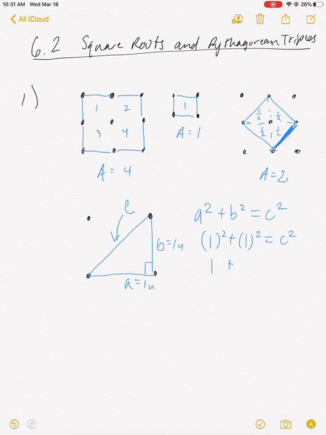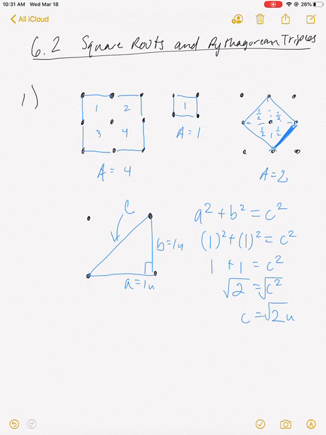So we have 1 plus 1 is equal to c squared, 2 is equal to c squared, and when you take the square root of both sides, which is the operation that undoes a square, we get c is going to be equal to the square root of 2 units.